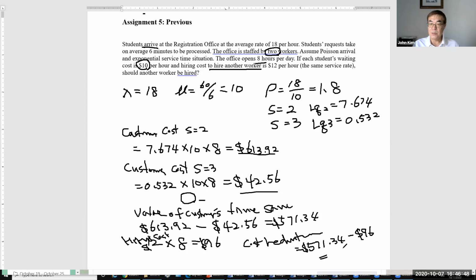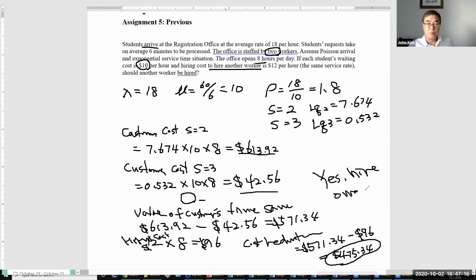So that is $475.34 positive. So by hiring one more worker, you save this much. So the answer is yes, hire one more worker.